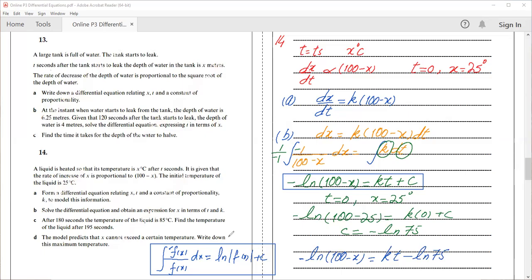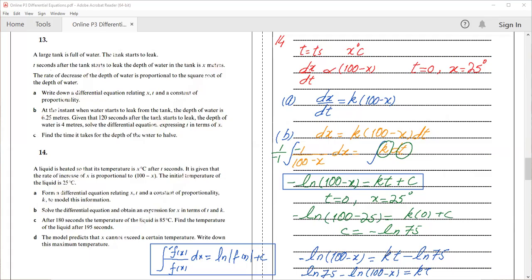It's okay, there is no requirement of which variable will be the subject. So the solution of this equation: shift the terms of x to one side. So log natural of 75 minus log natural of 100 minus x is equal to k times t. That is the differential equation.